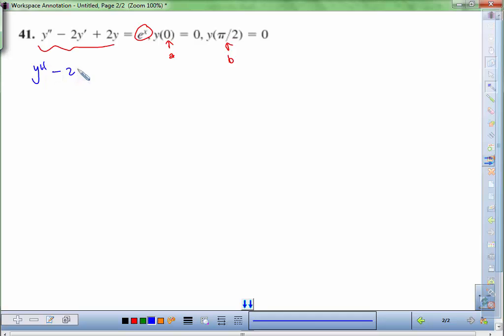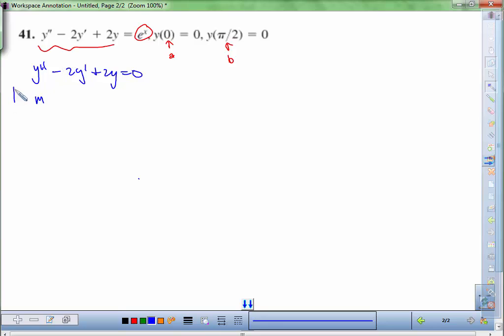So let's start with y double prime minus 2y prime plus 2y is equal to 0. This is a homogeneous differential equation. We should know the solutions to this. What are the solutions to this? This is not the Cauchy-Euler equation, right? This is back to the simpler one where you assume your solutions are e to the mx, and you have to solve for m.